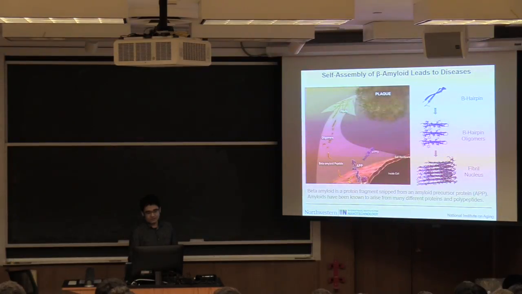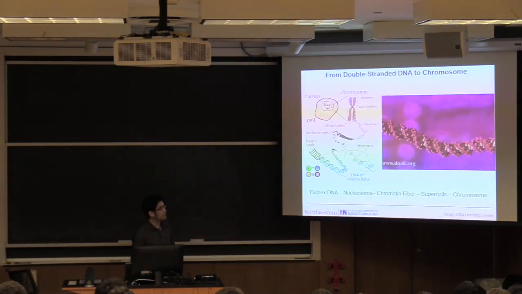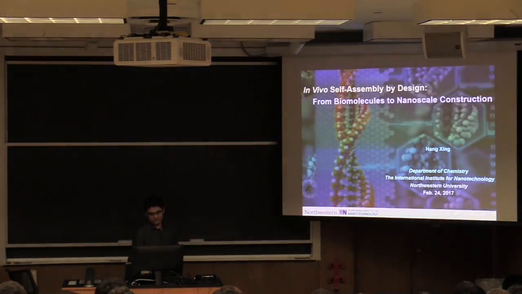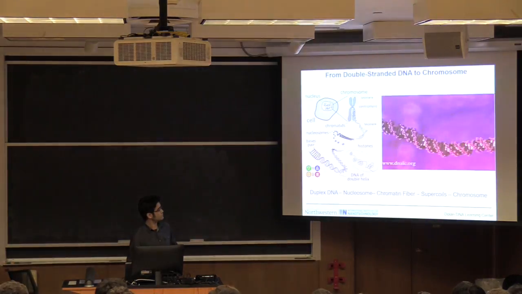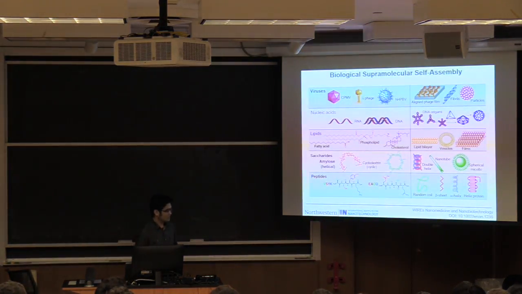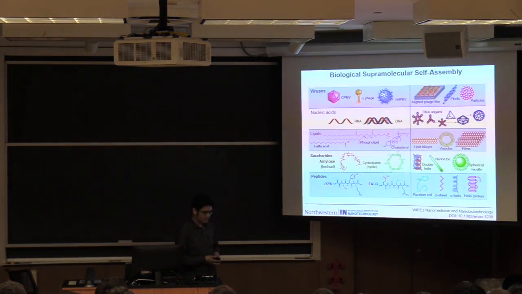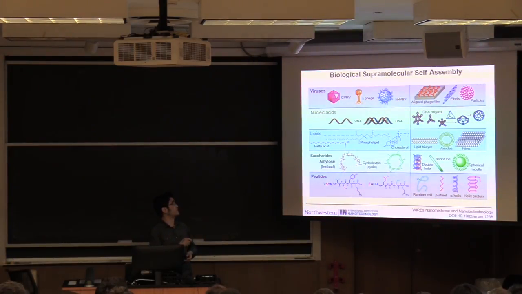Inspired by all this natural self-assembly process, people have used and tuned all these different bio building blocks and formed all these different self-assemblies, ranging from various proteins, nucleic acids, lipids, polysaccharides, and peptides.